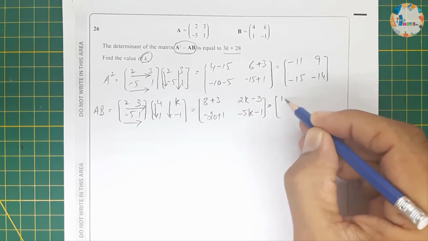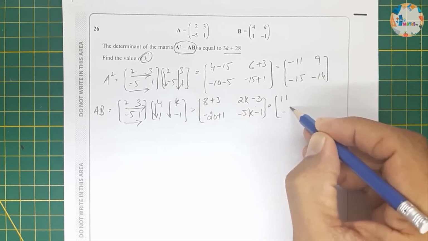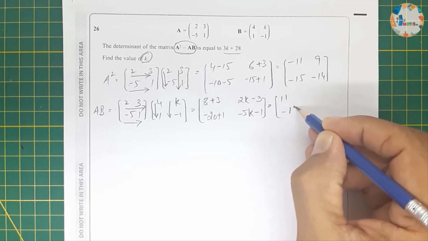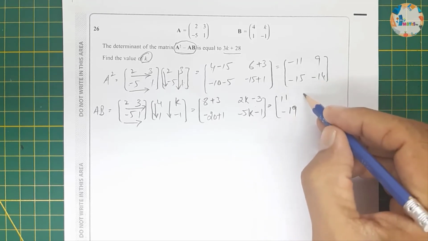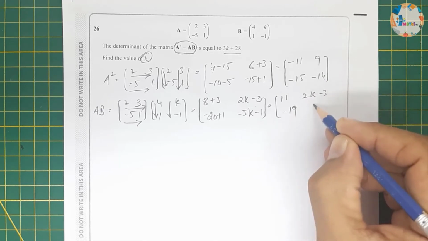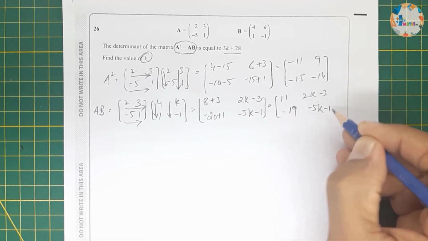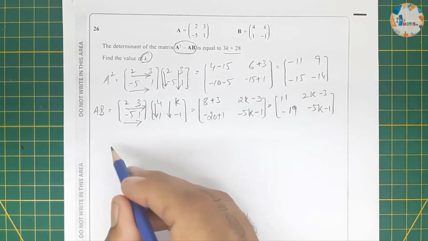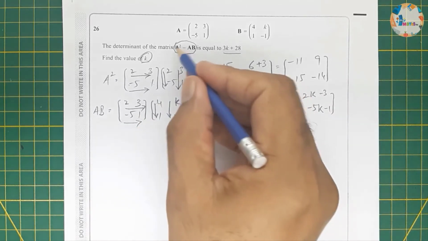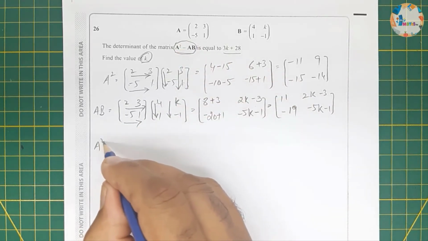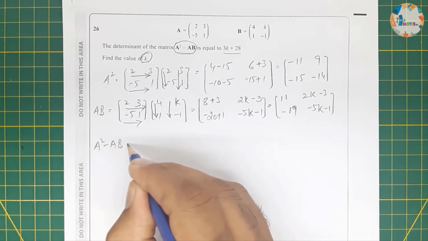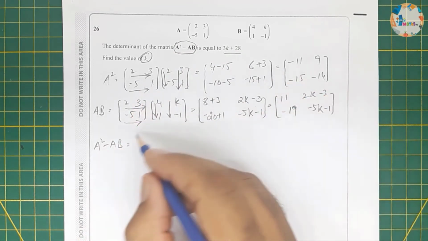This will be 11, this will be minus 19, and this will be 2k minus 3 and minus 5k minus 1. This is our matrix. Then we have to find A square minus AB, and A square is this one.